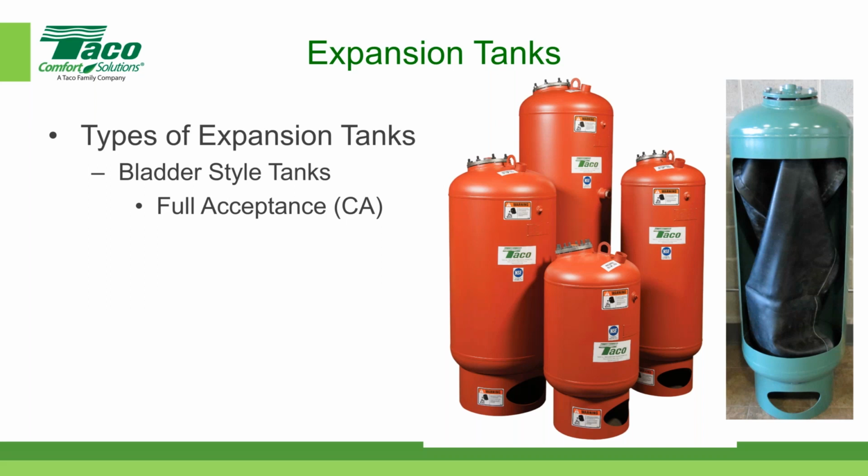And then on the far right, you'll see a photograph of a cutaway of a steel bladder style full acceptance tank. And the black material that you can see hanging down from the top is the bladder. You can sort of think of the bladder as a balloon. And then the space between the outside of the bladder and the steel container is where the compressed air goes.